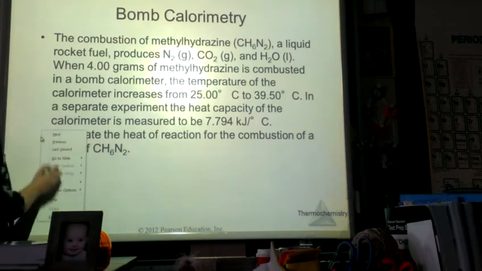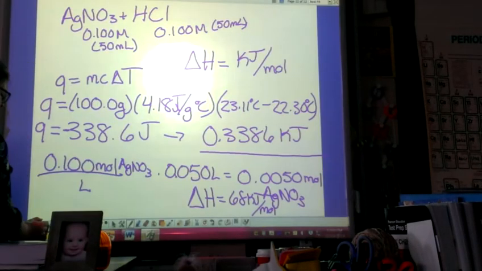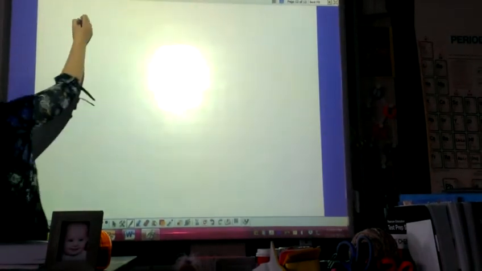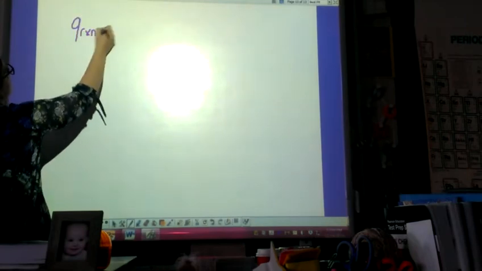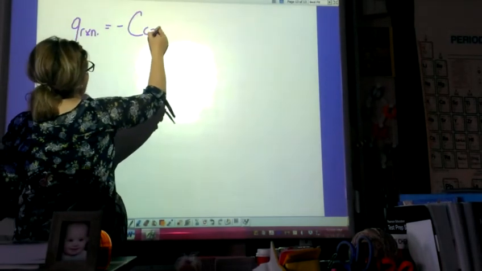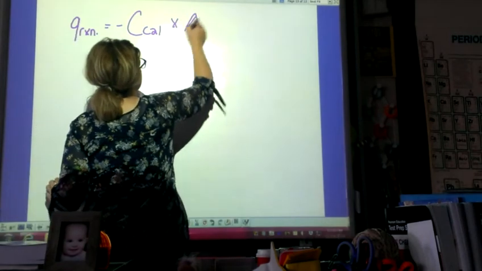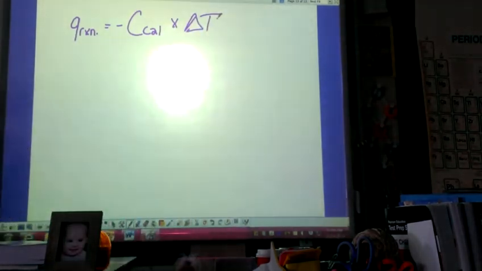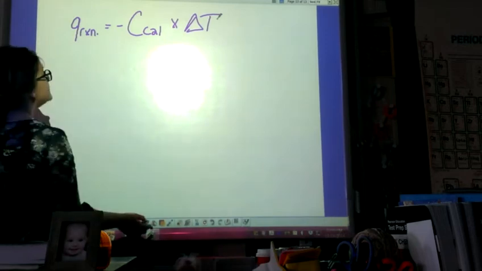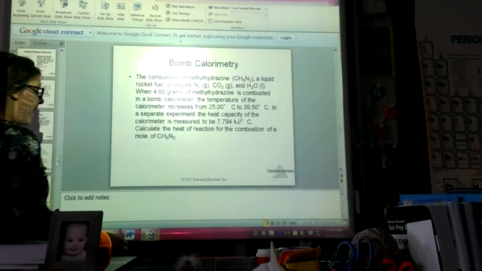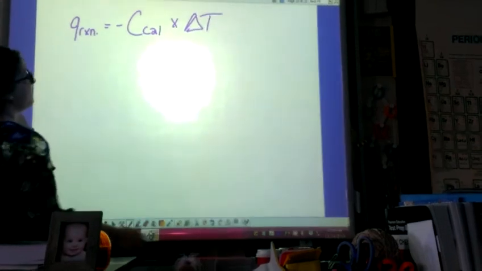So if I go back, let's open an active inspire board here. I know Q reaction is equal to a negative Ccal times change in temperature. Okay? In that problem, they gave me what Ccal was. Now in our lab, that's what you had to experimentally find.